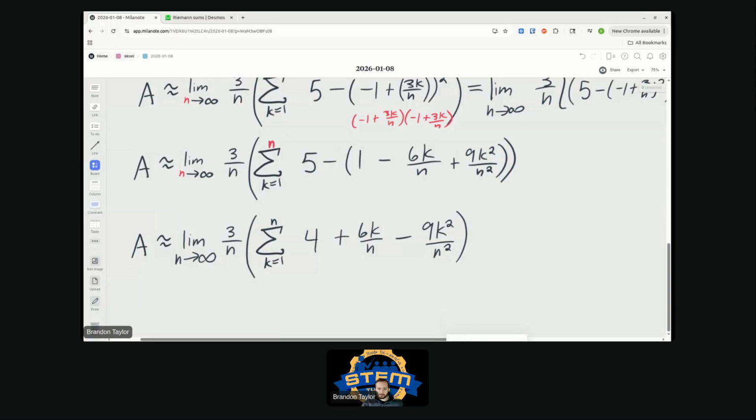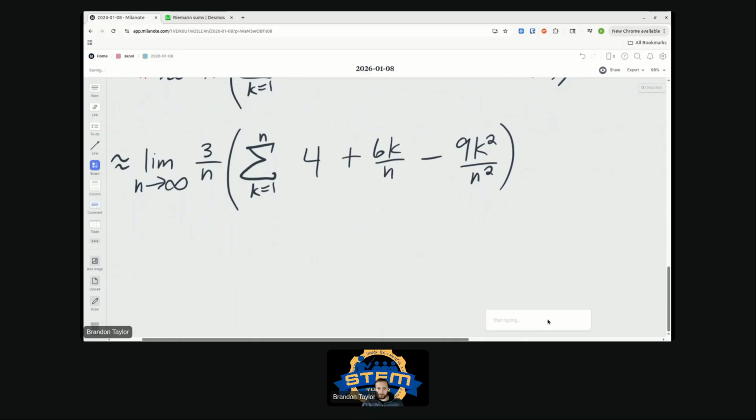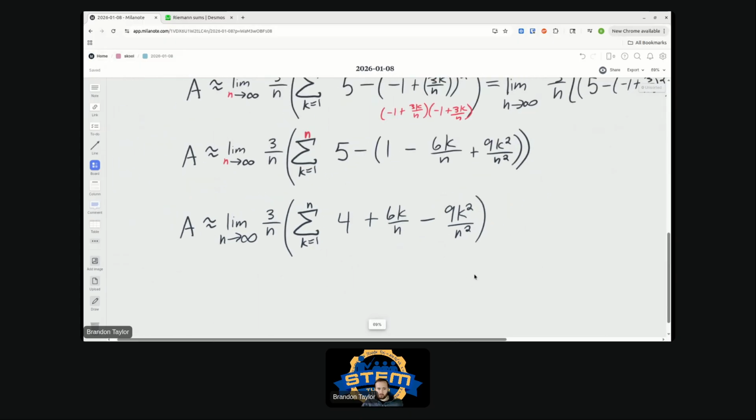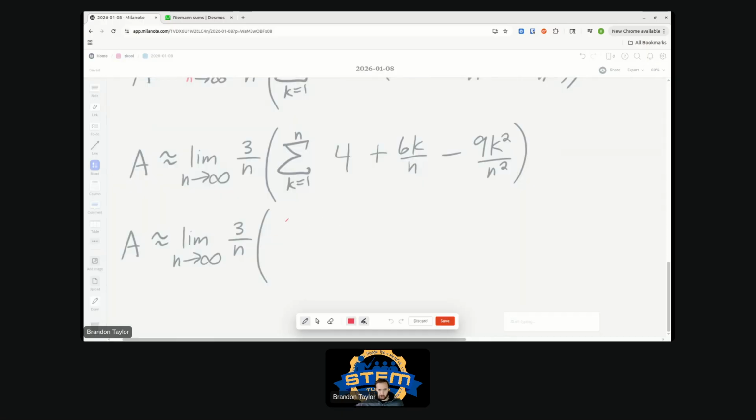Now, what do we do here? Basically, the trick we're going to pull now is we're going to break apart the summation. With each property, what we're really learning is summation properties.